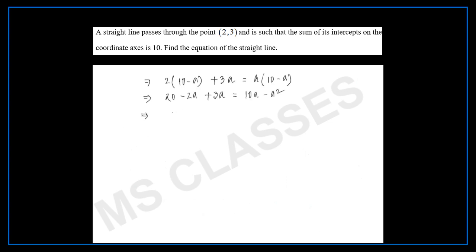Further simplification gives a squared minus 9a plus 20 equal to 0.